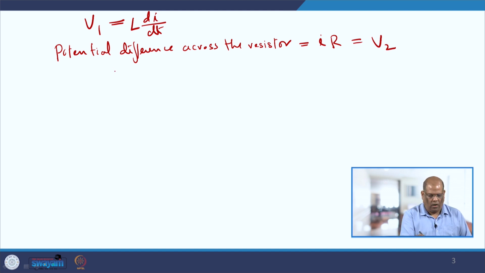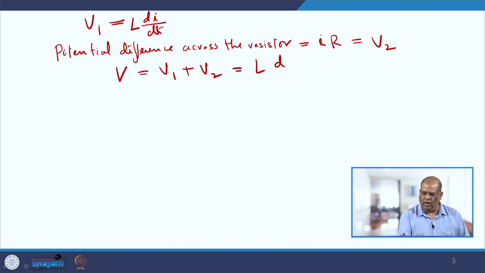So, your total V is equal to V1 plus V2, which is L di dt plus IR.